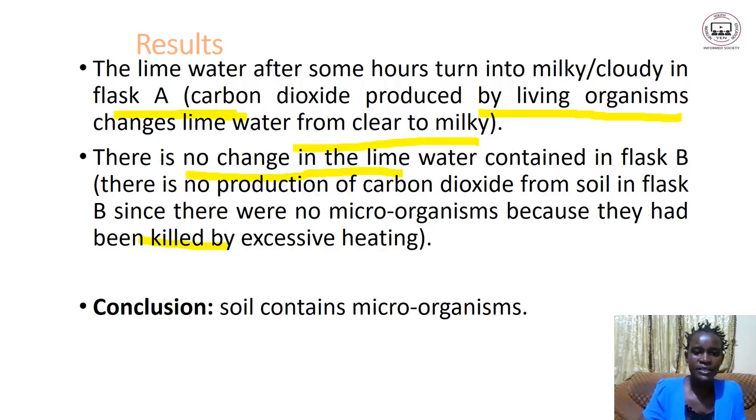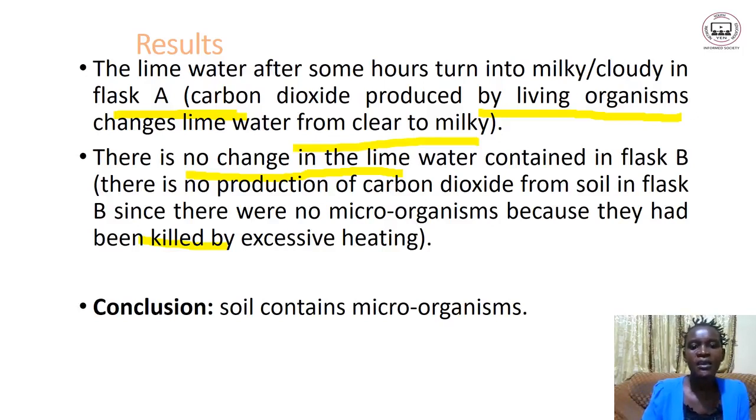But in flask B, since the soil which was used was burnt, we know that organisms cannot survive at extremely high temperature. So the assumption is that all the organisms available in that soil were killed due to excessive heating.